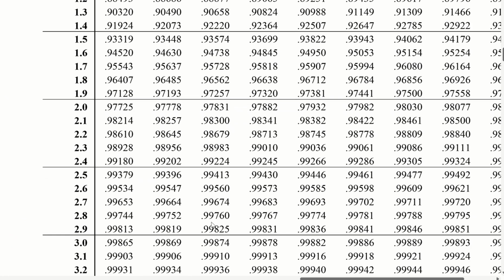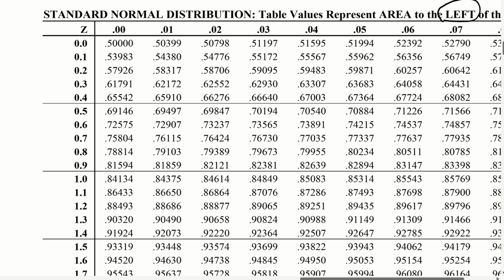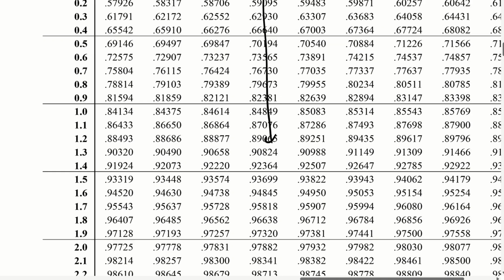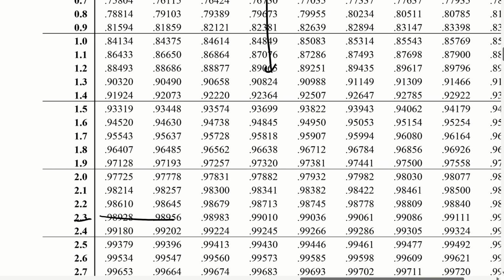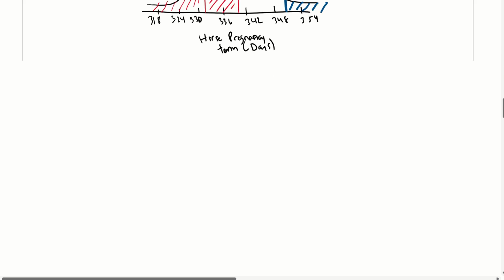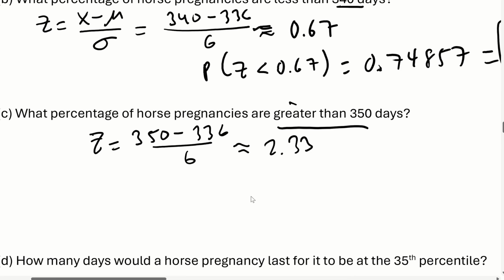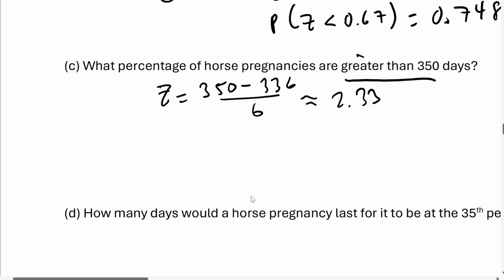All right, so we got 2.33, so it's got to be 0.9910. But that's the area to the left, remember. So since that's the area to the left, we have to do 1 minus that, okay?